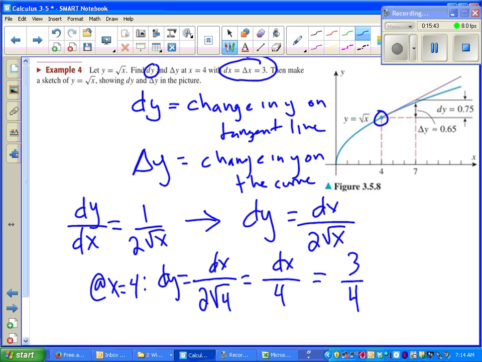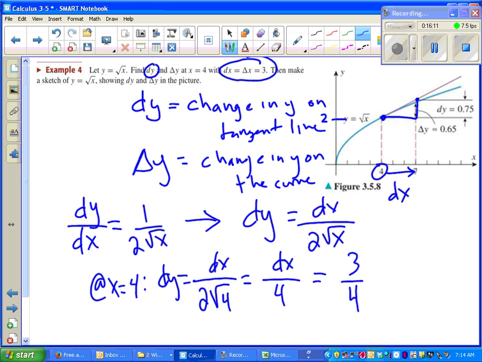Let's talk about what that means in the graph. We happen to have the graph right here on the slide. So at x equals 4, if I move my x over 3 units, that's my dx, then my y started at 2, because that's what y equals when x equals 4, and now we moved up 3/4.